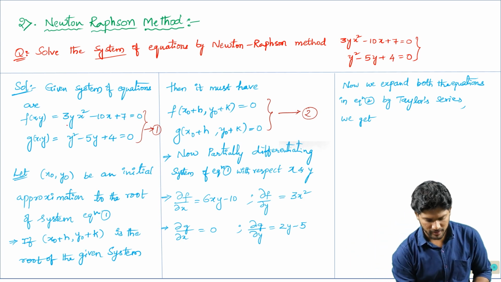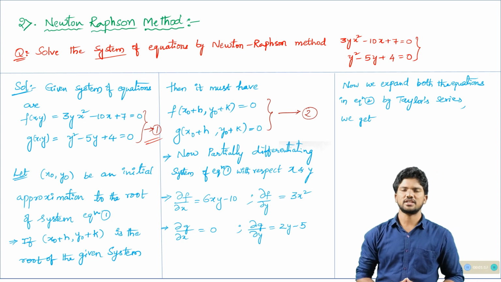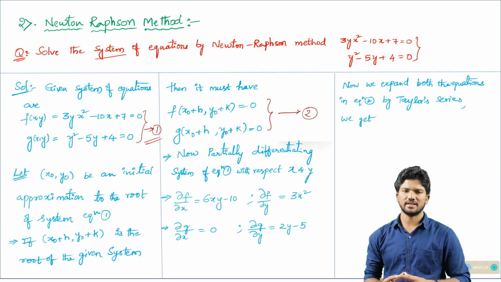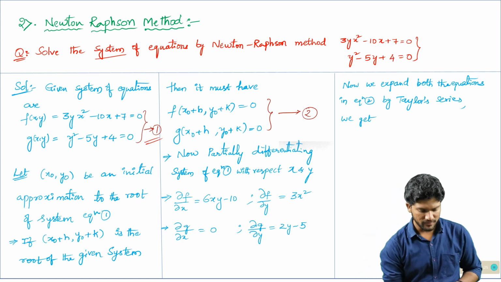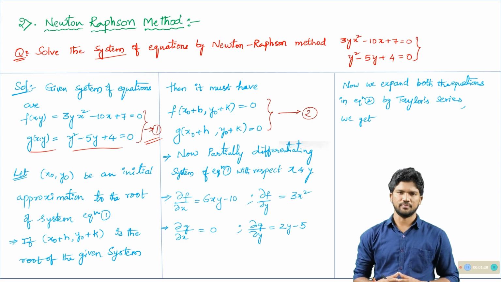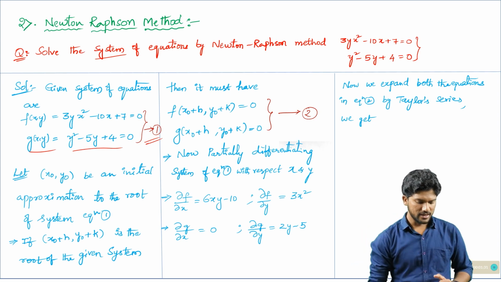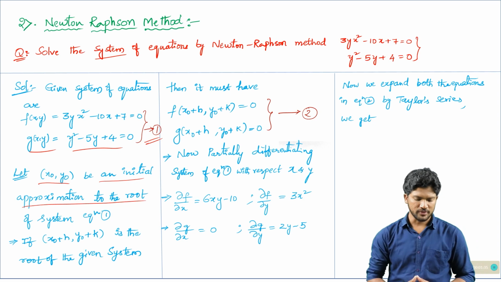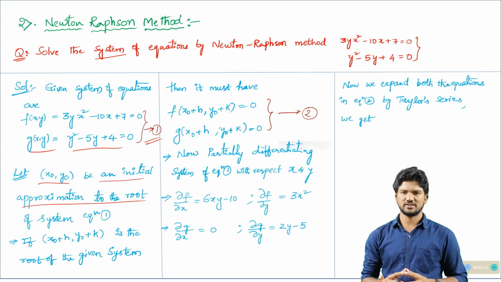Given system of equations, take it as equation number 1. Therefore f of x comma y is equal to 3yx square minus 10x plus 7 equal to 0, and g of x comma y is equal to y square minus 5y plus 4 is equal to 0. Let x naught comma y naught be an initial approximation to the root of system of equation number 1.